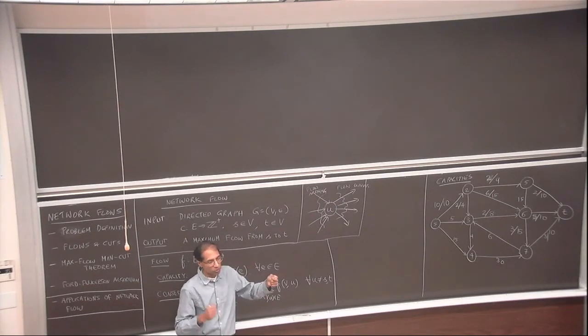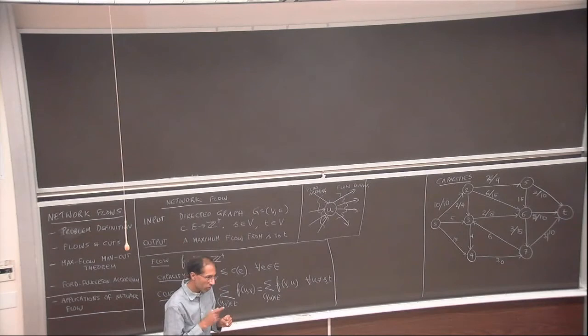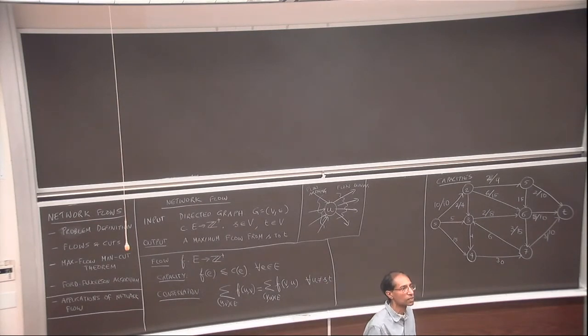But if you have multiple sources, multiple sinks, and you care about which source is sending to which sink, so for example, you say, this is a source that should only connect to that sink, that turns out to be a much more complicated problem. And if you have time, we'll talk about it in the very last class. How do you break down multiple sources and multiple sinks?